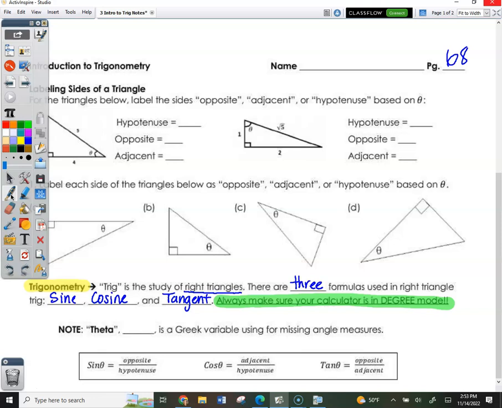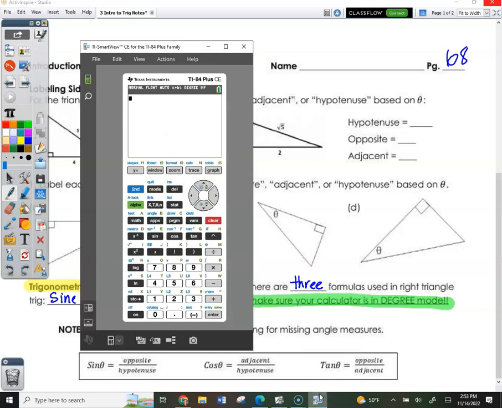You just go over it until it's highlighted. Some of them are already in degree mode. Guys, hit the mode button. It's at the top. Next to second.